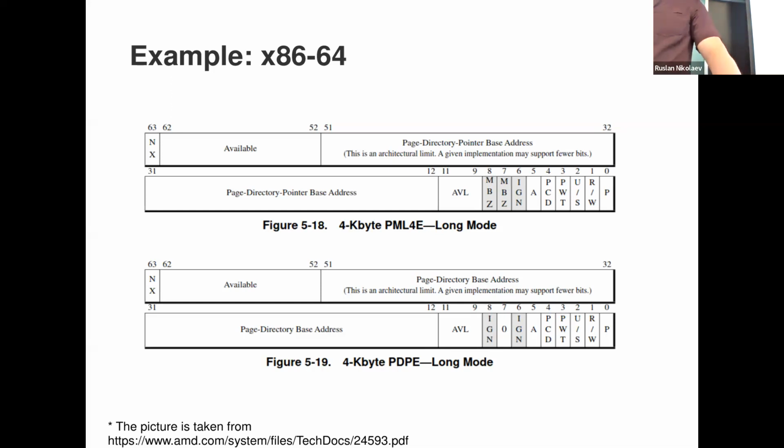Okay, so then bits 12 to 51 are the physical page number. So the physical address is 52 bits at most. As I said, in practice, it's actually less. On my computer it showed 39 bits. I tested on a different computer recently and it showed 48 bits.